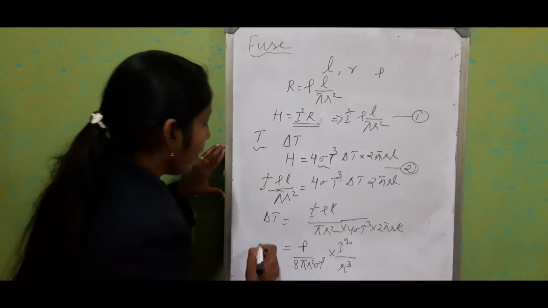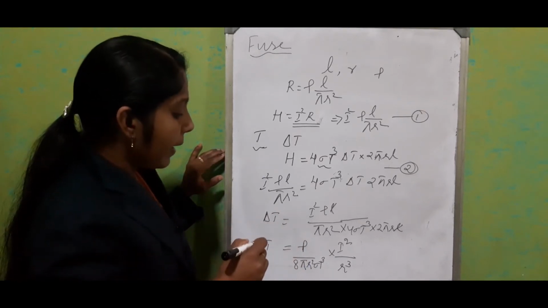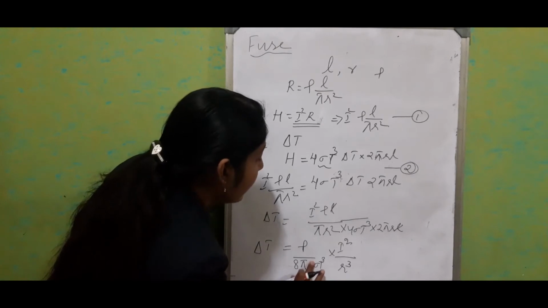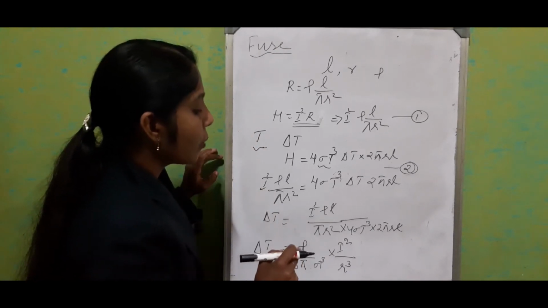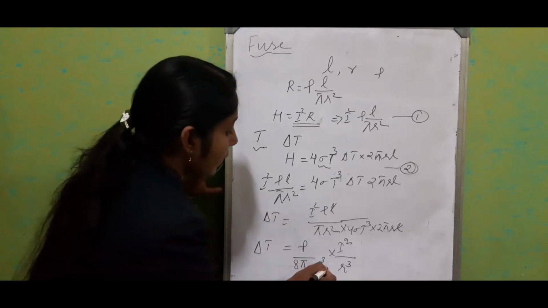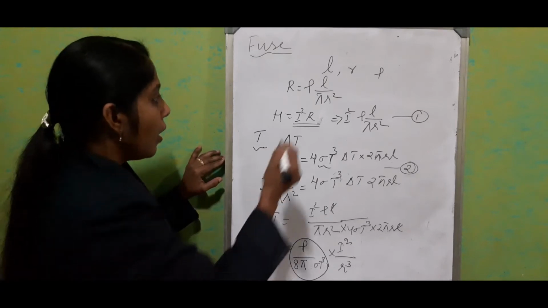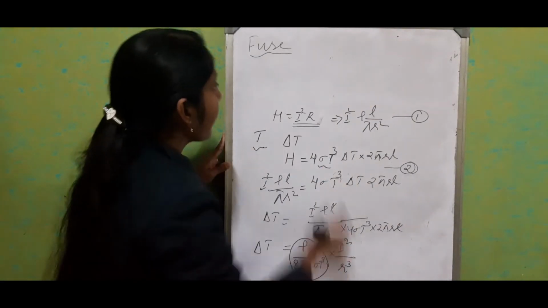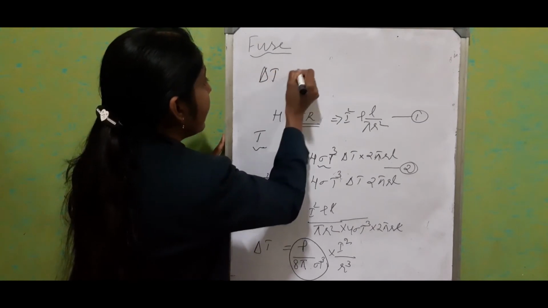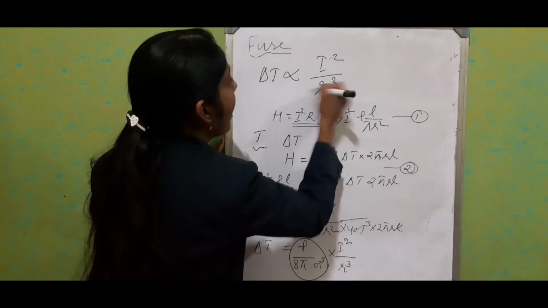So delta T is equal to rho divided by 8 pi sigma T cube into I square by r cube. We consider the first factor as a constant, so finally we can write delta T is directly proportional to I square by r cube.